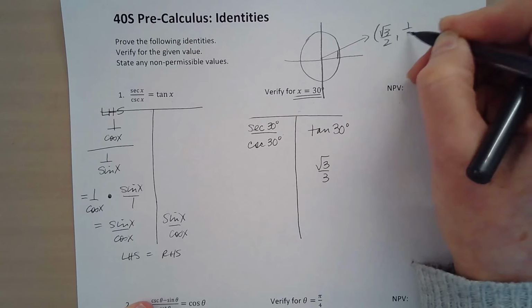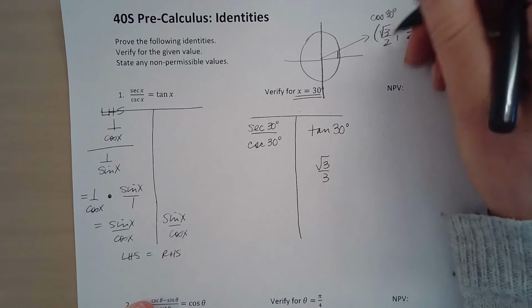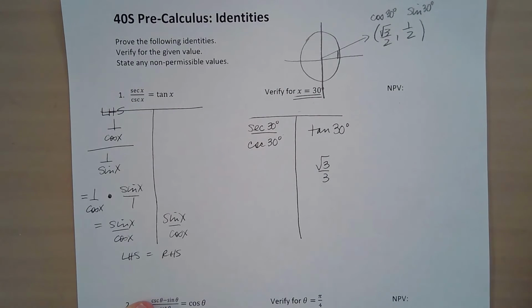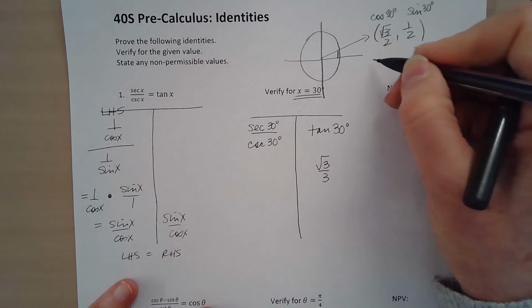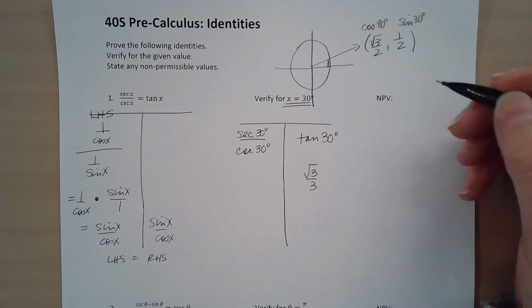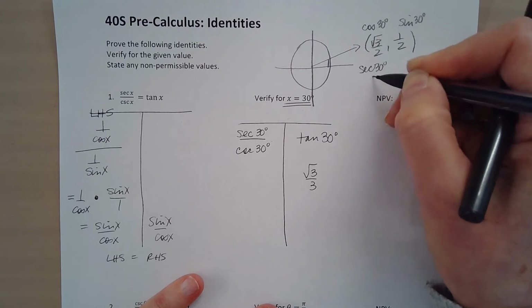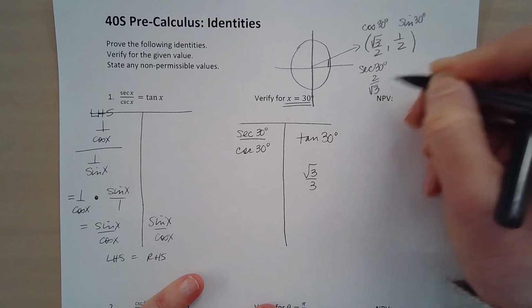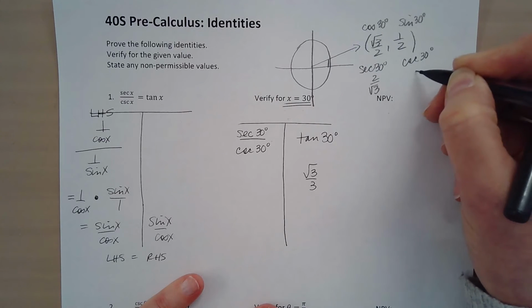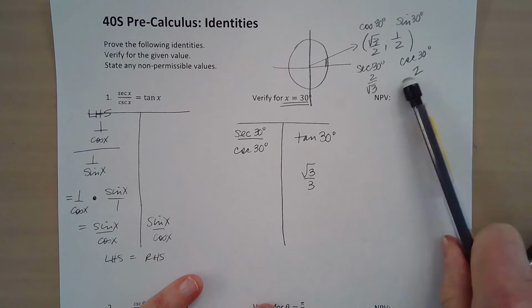So that means my cos of 30 is this value, and sine of 30 is 1/2. These are all the thoughts going on inside my head. That means secant of 30 is 2 over root 3, and cosecant of 30 would be just 2. These are the values I need.